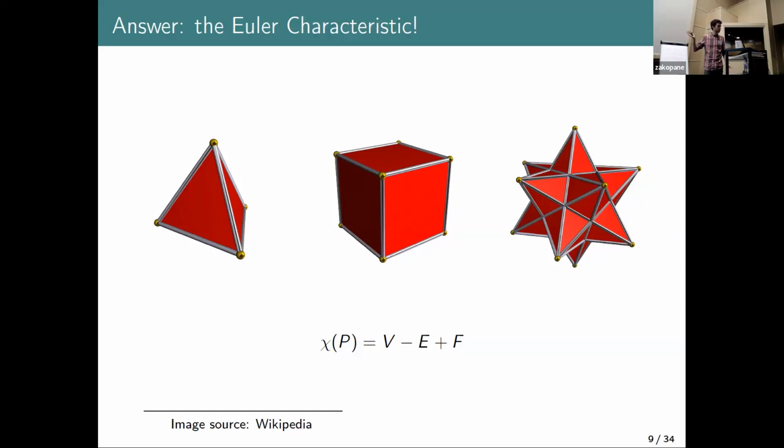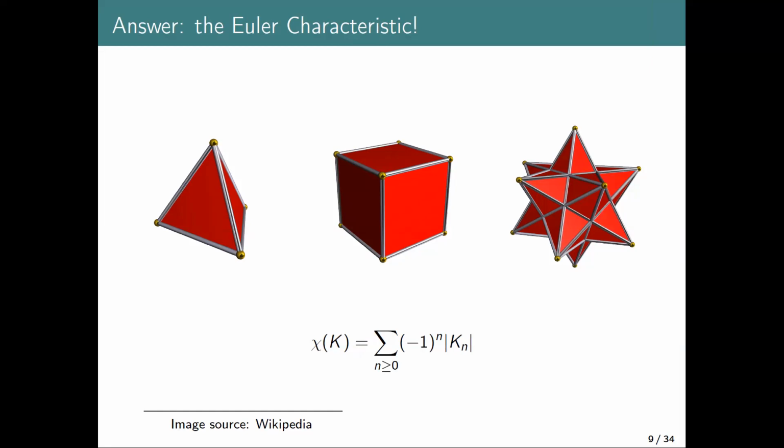In its simplest formulation it's just the alternating sum of the number of vertices, edges, and faces in a polyhedron. And then if instead of polyhedra you generalize it to simplicial complexes, well, you just carry out this alternating sum over all possible dimensions.